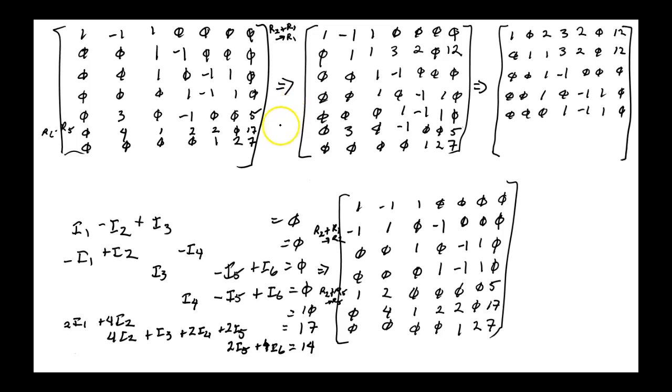How? Minus 3 row 2 plus row 6 is the new row 6. Okay, let's do it to it. Now, you're going to have to help me read my writing here.